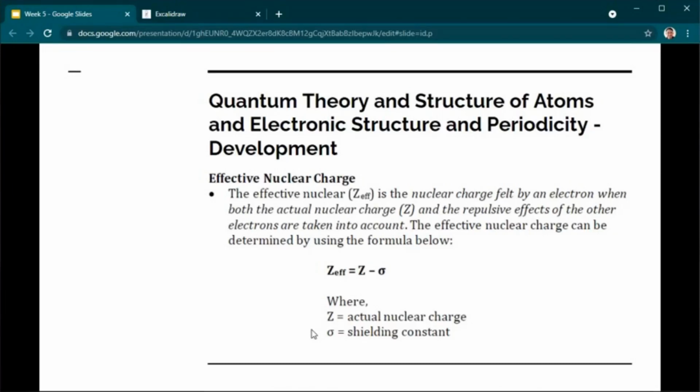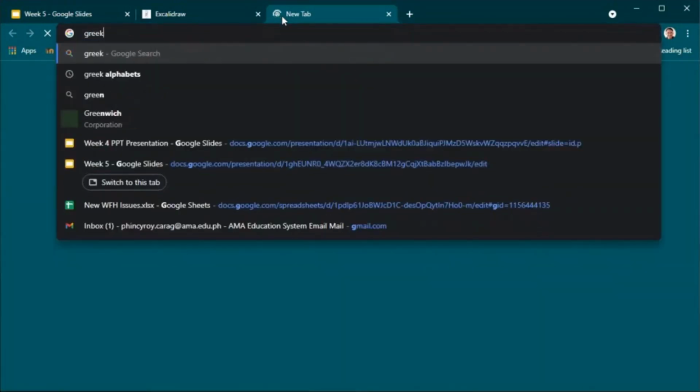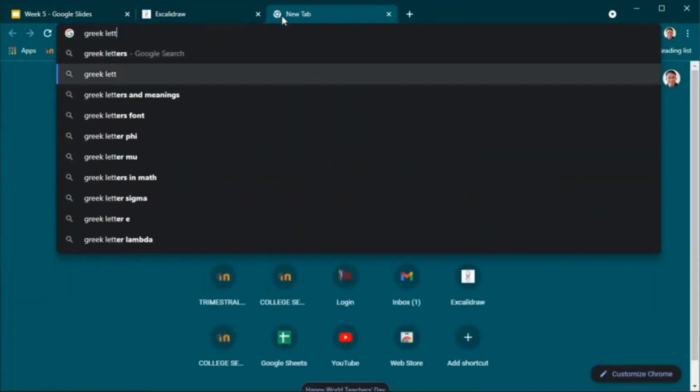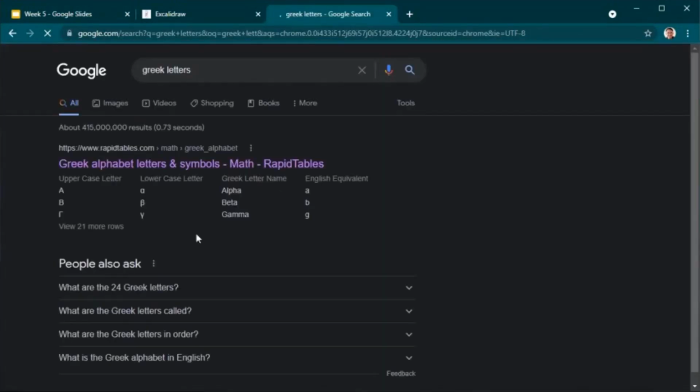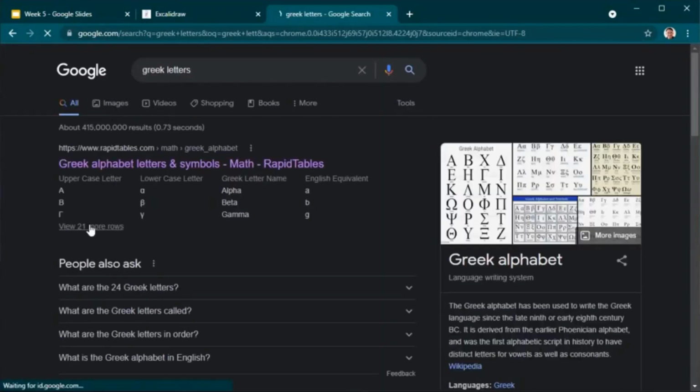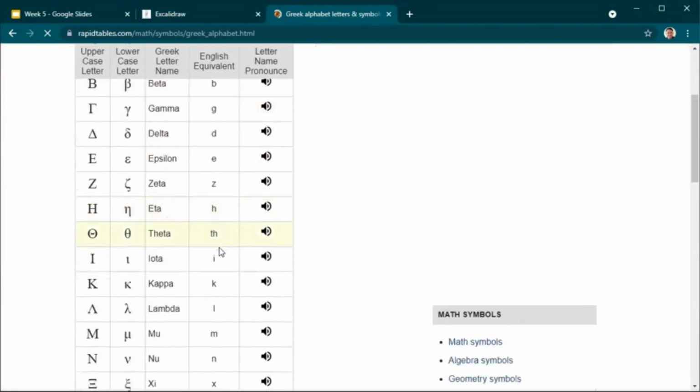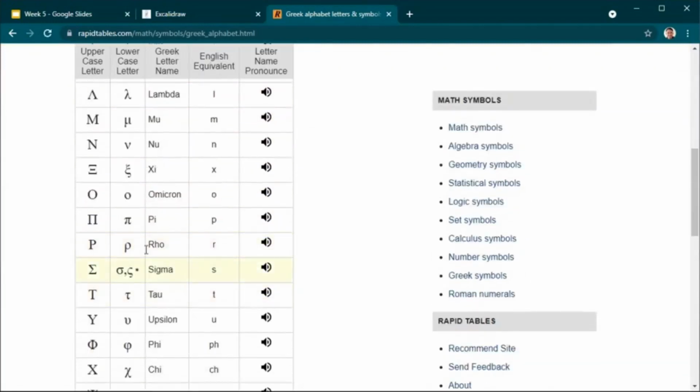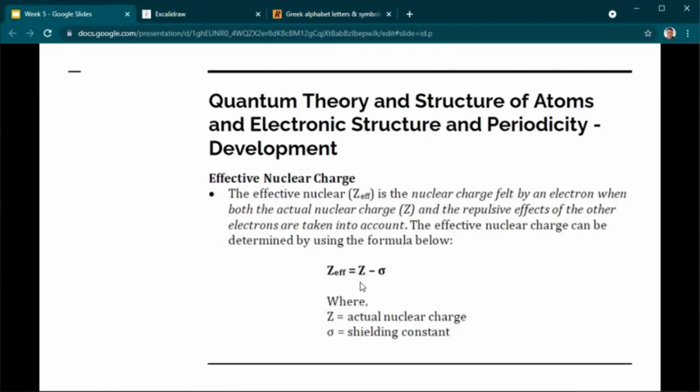It can be determined using Z eff = Z − σ. Forgot the Greek letter, so this is sigma, small letter sigma. So Z minus sigma, or the shielding constant.